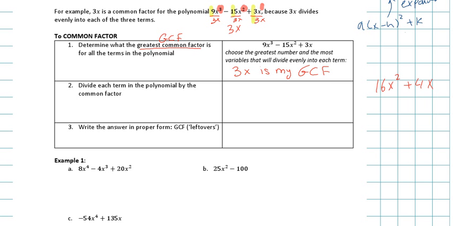Alright. So you're going to take out your greatest common factor, which is 3x, and you're going to divide every single term by it. So you write your greatest common factor, open bracket, and you write your terms, and each term is divided by your GCF.